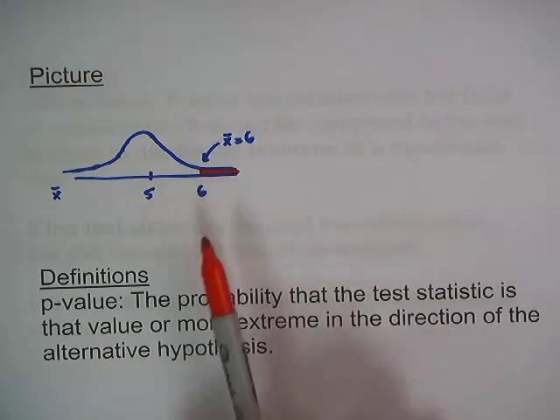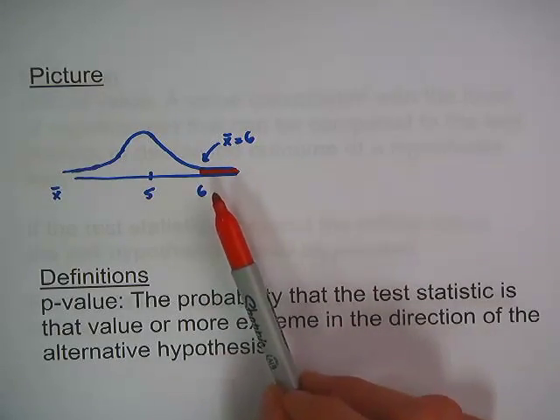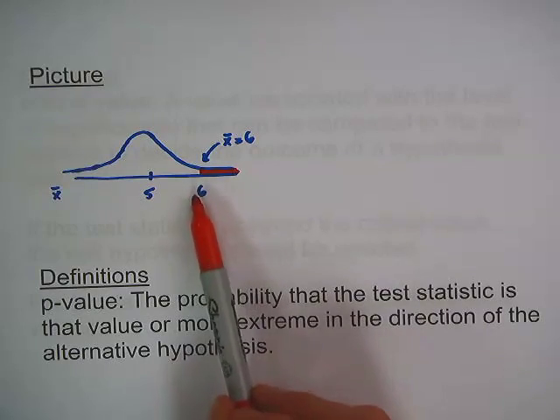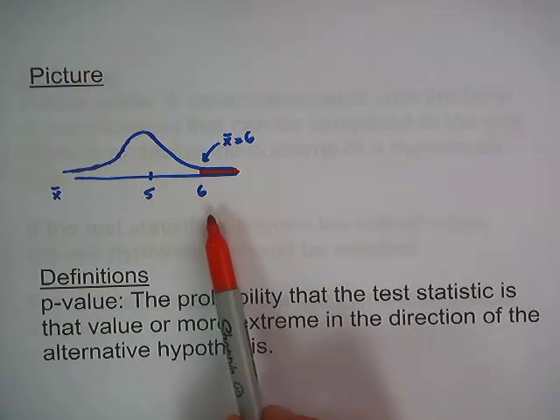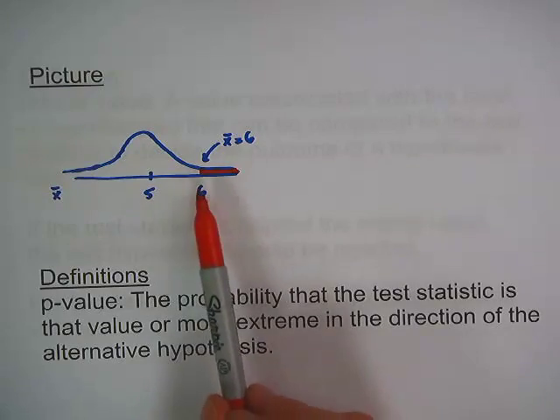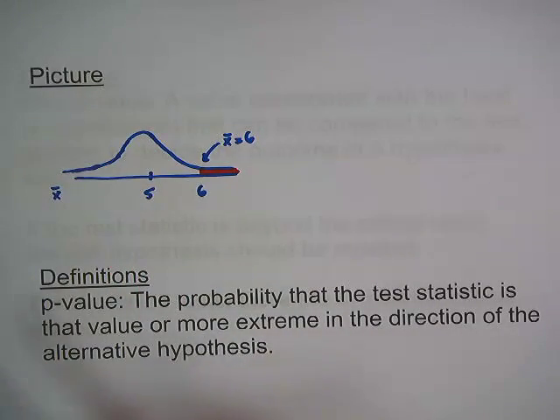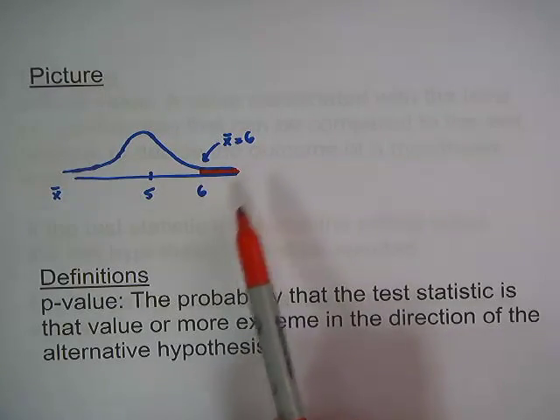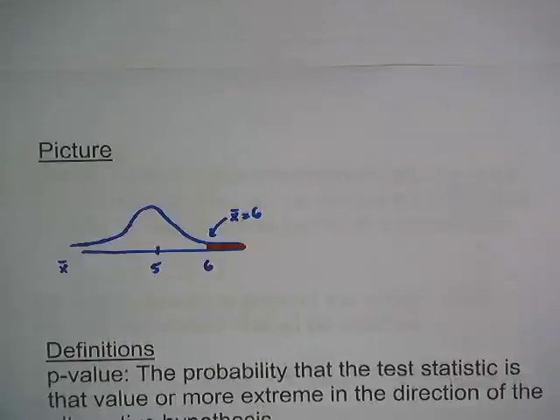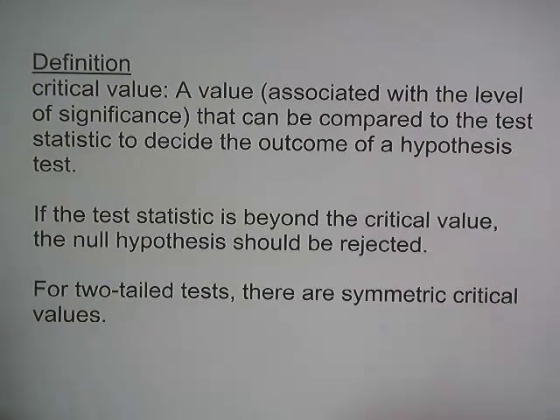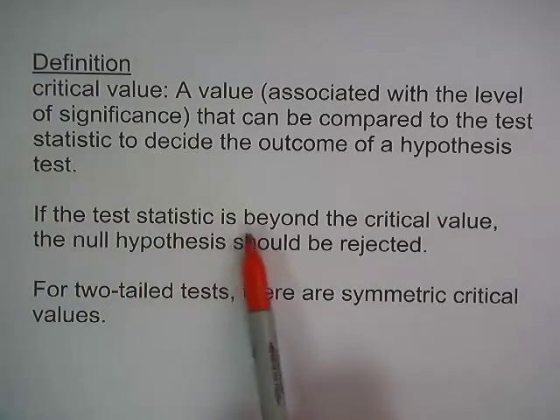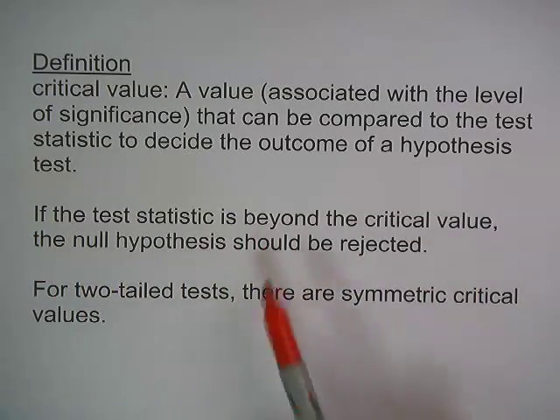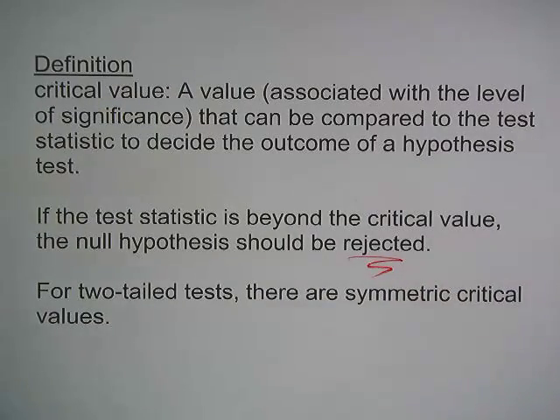We would figure out what that critical value would be, and then compare that to the z-score for 6. If the z-score for 6 is less than that critical value, we're not going to have evidence against the null. But if that z-score for 6 is greater than that critical value, then we will have evidence against the null. To summarize, if the test statistic is beyond the critical value, the null hypothesis should be rejected. And obviously if it's not beyond that critical value, then the null should not be rejected.